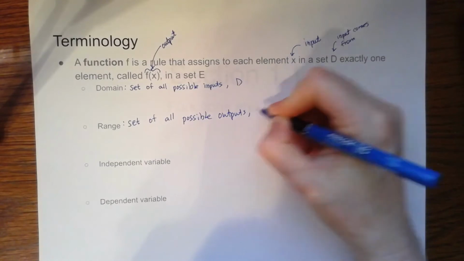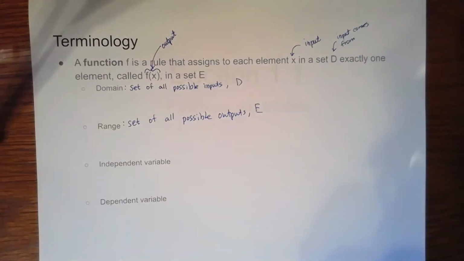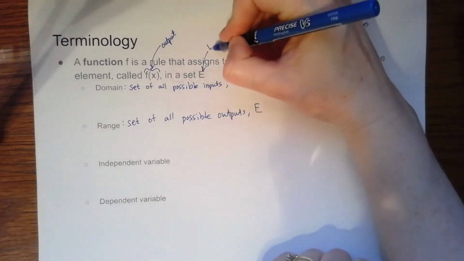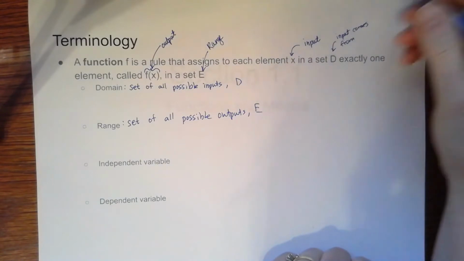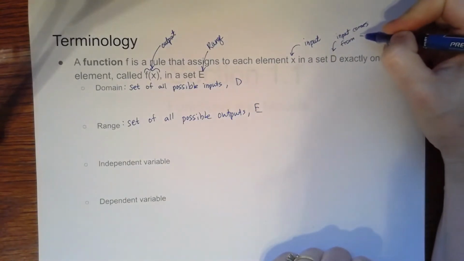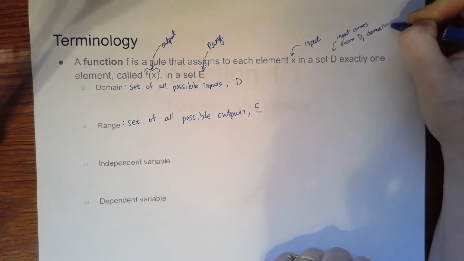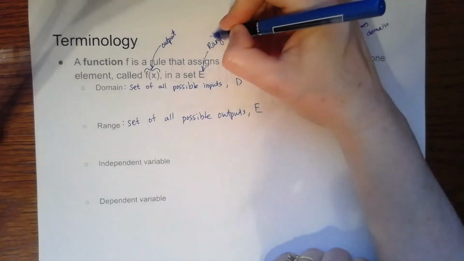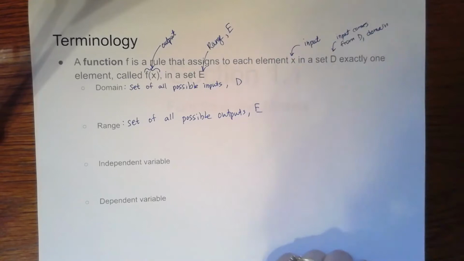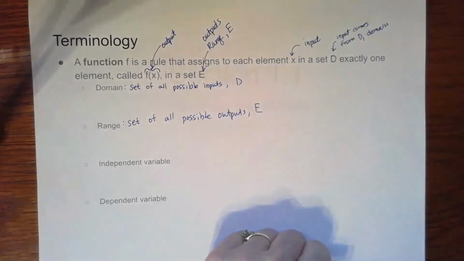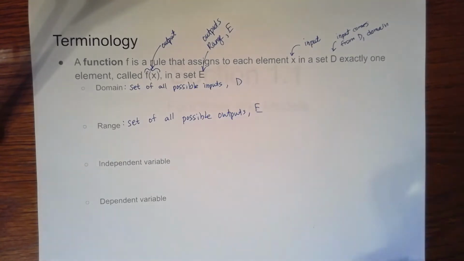In this case, that's E in our definition. So this is the range, this is the domain. I'll put outputs here. All right, so we're familiar with that.